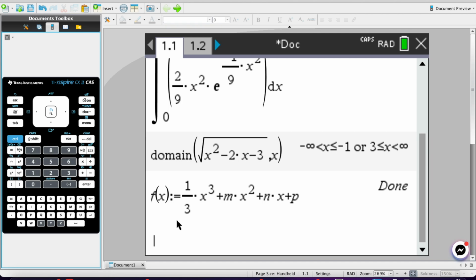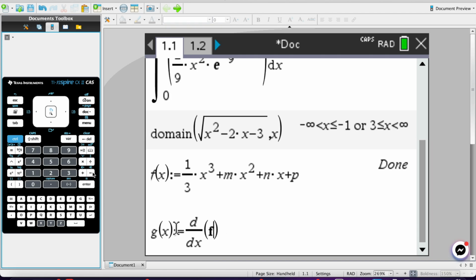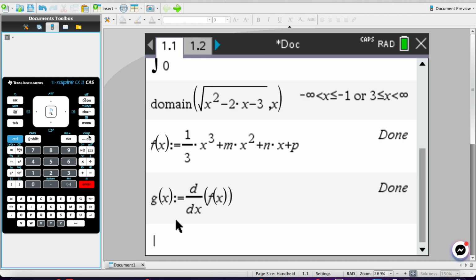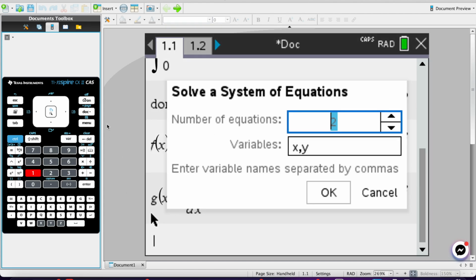Okay, and then I'll also define g of x as the derivative. Okay, and then we'll go back to that system of equations. So 3 equations, 3 variables, m, n, and p.